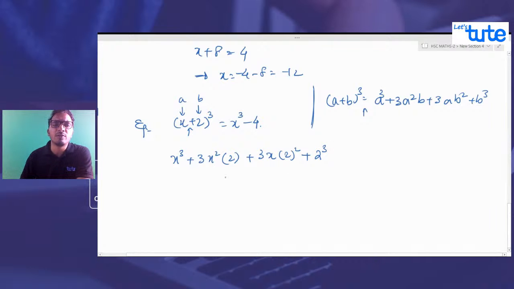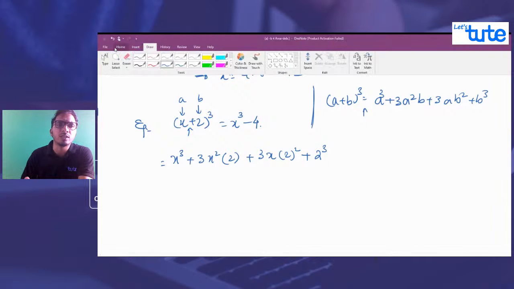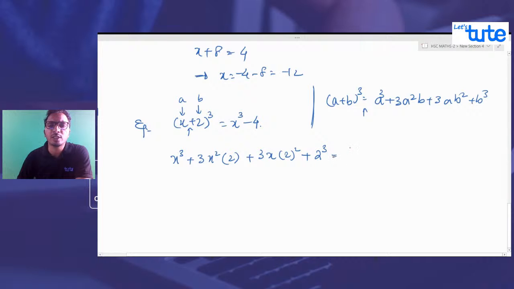Correct? Fine then. So what happens to this equation? This is nothing but the expansion of the brackets, and in the right hand side we have x cubed minus 4. Since we have x cubed on both sides, we are going to cancel it down. Now let us see what we are remaining with.